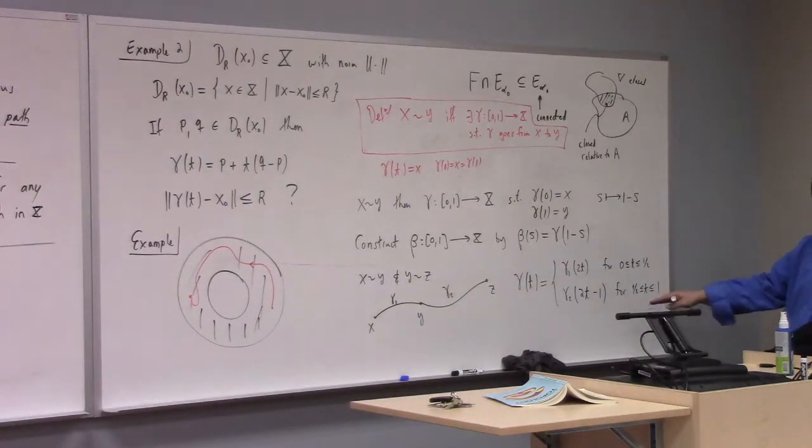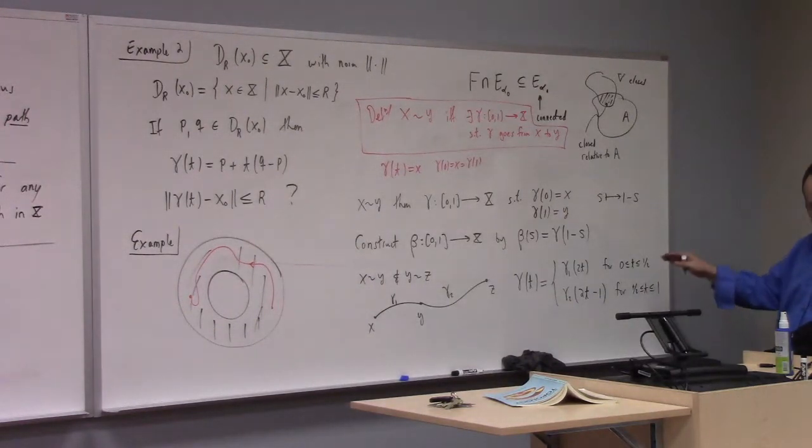Those are definitely continuous, and I believe they glue together, which means that there's a gluing lemma for gluing continuous functions together. We might talk about that someday. And there you go. That proves that that's a path from x to z, so x is equivalent to z if x is equivalent to y and y is equivalent to z, right?